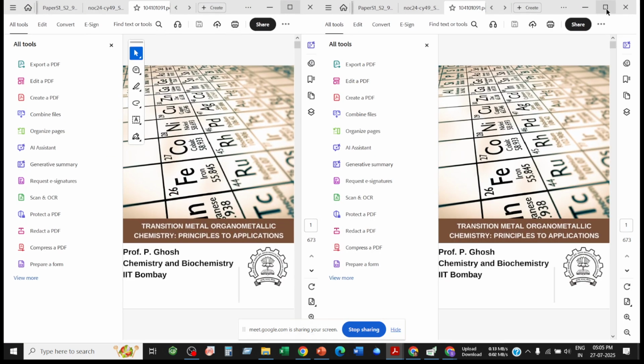Yes, this one is available in the portal. You can go through it. In the portal, in the last option on the left side, you can see it, and you can check it.